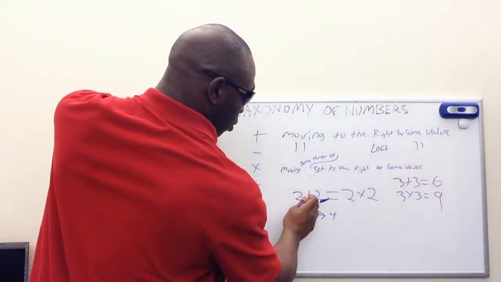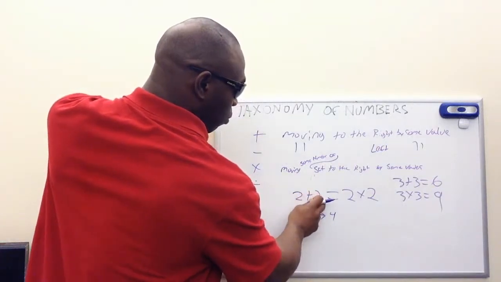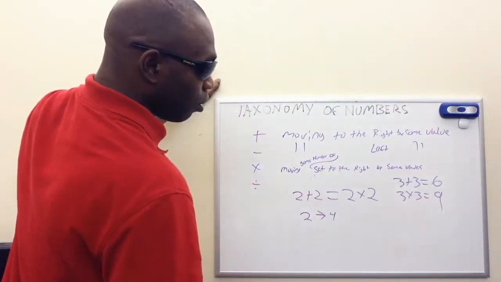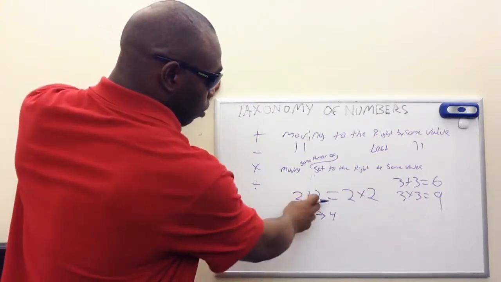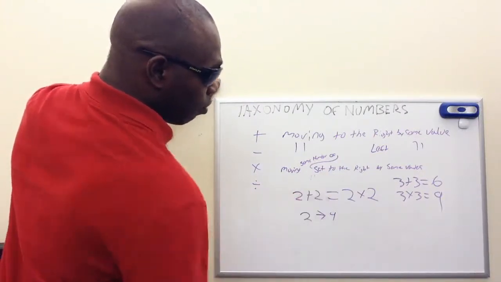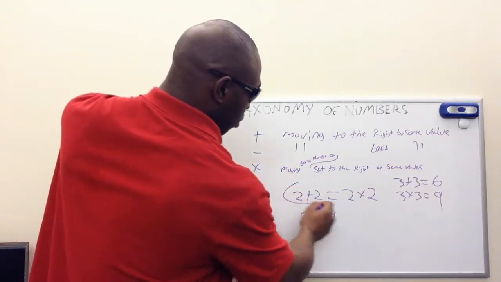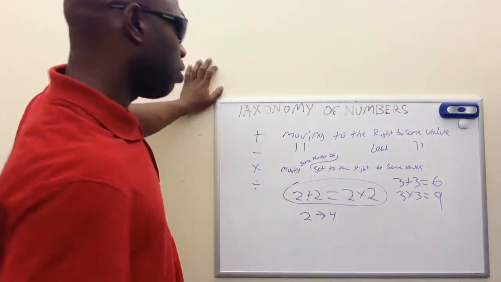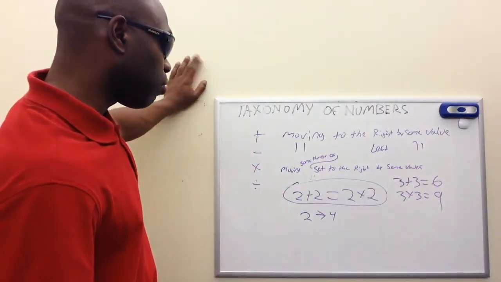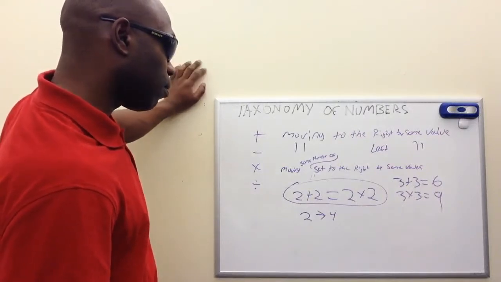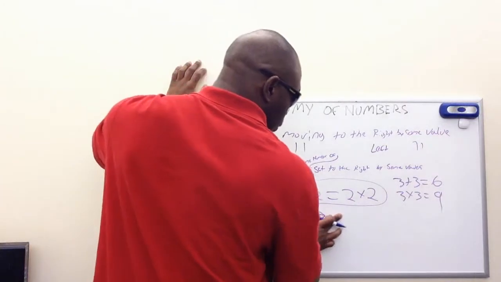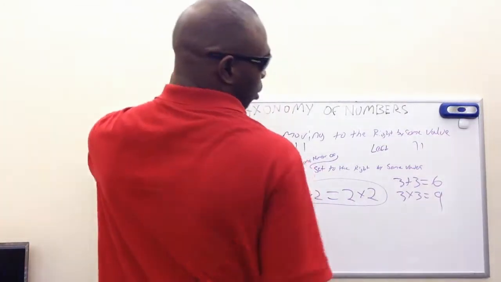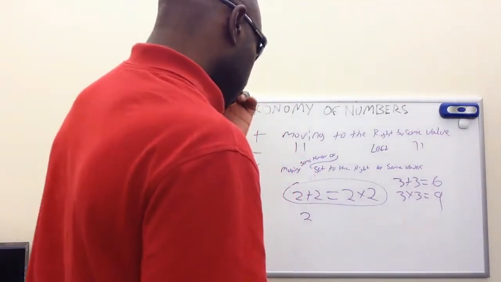There are 2 number 2's in 4. No matter how you look at it, 2 plus 2 equals 4, and 2 times 2 equals 4. This is the only time that you get that statement. I don't know any other numbers that do that. I mean, they could exist, but I highly doubt that they do.